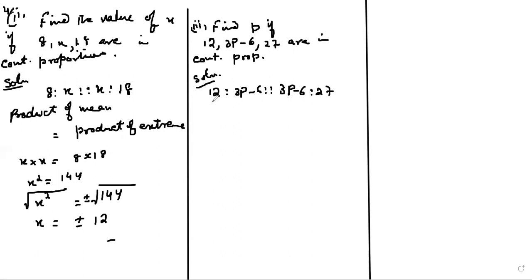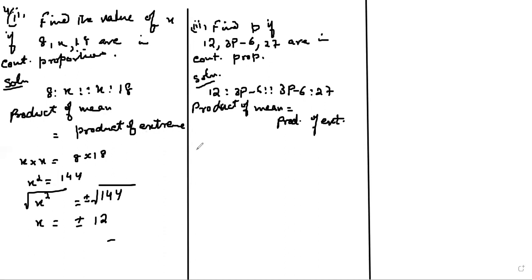So using the property of proportion, product of means equals product of extremes.